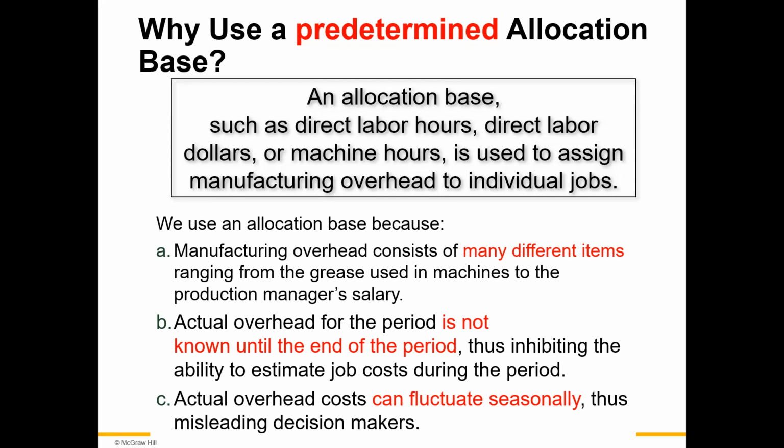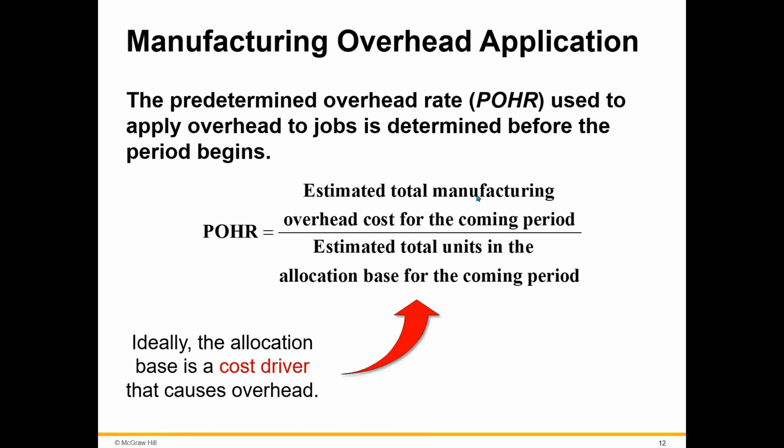So combined with all of these reasons from practice, for each month, we are not using the actual overhead divided by the allocation base to get an actual rate. Rather, what we do is, in the beginning of each period, normally in the beginning of each budget year or financial period, the company will estimate the total manufacturing overhead for the coming period, like the whole year.